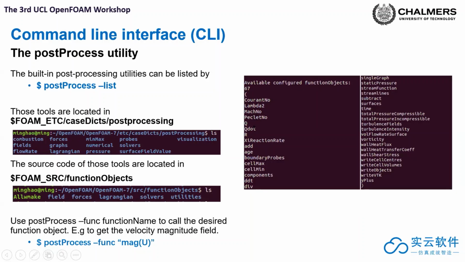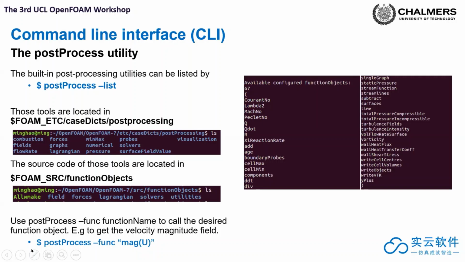For example, this Q, and you can do some field manipulation of AND, or you can get the cell max or minimum values. And the streamlines is also an inbuilt feature, and you can calculate the vorticity field. So those tools are located in foam etc caseDicts postProcessing.